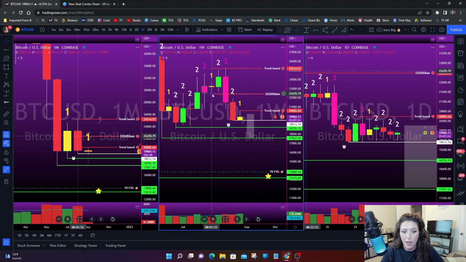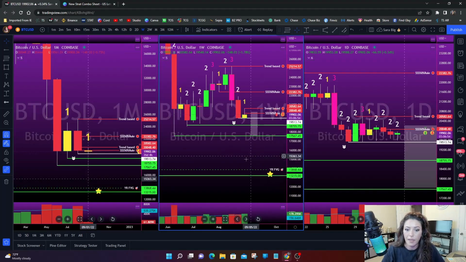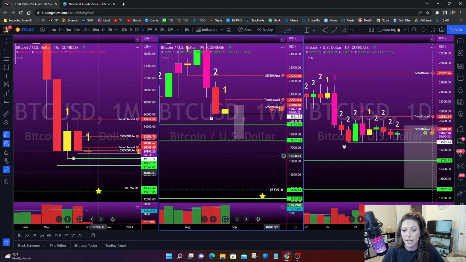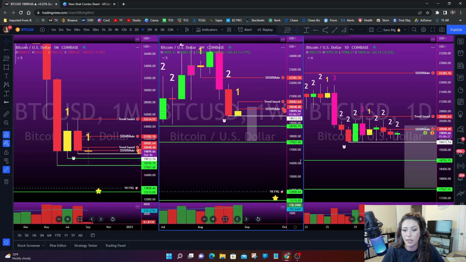Now they're going on the weekly. So what you just did was significantly reduce your risk. So next week, when the candle opens, if you trigger this week's low, you're going to want to be short. And then again, you can use 2 stops, whichever one you want, whichever you prefer.